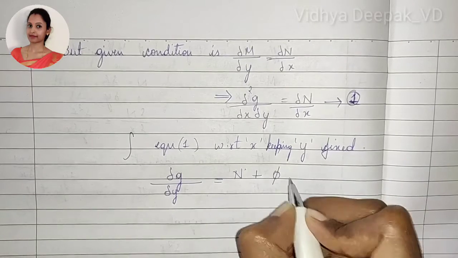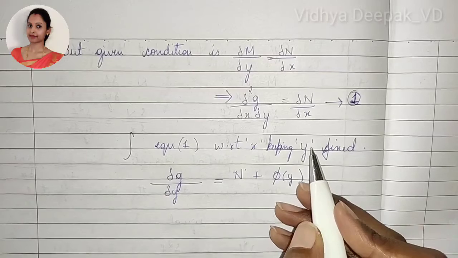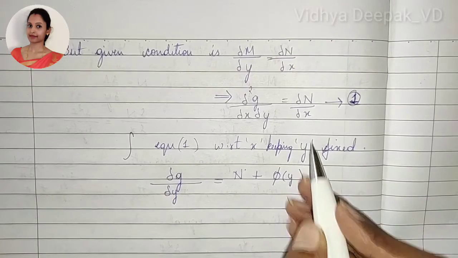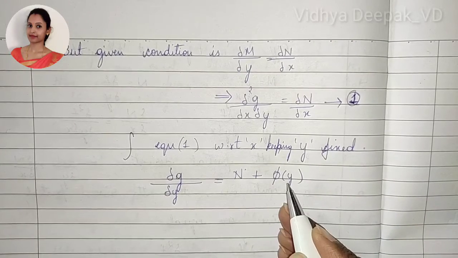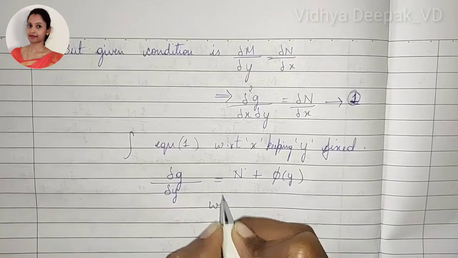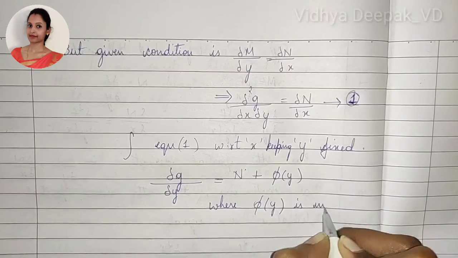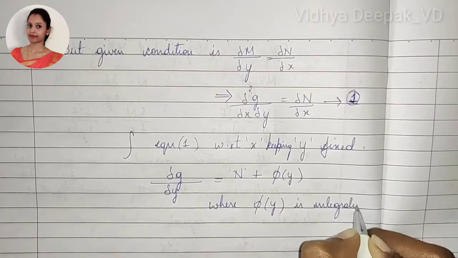I am taking the integration constant to be phi of y. Since we are keeping y fixed, I am taking the constant to be a function of y, where phi of y is the integration constant.